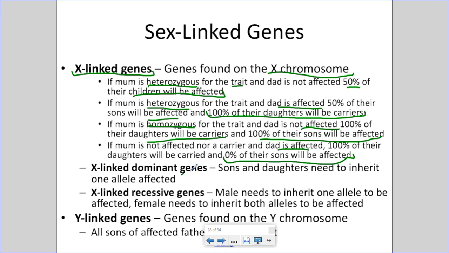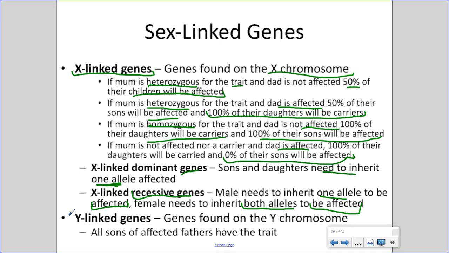With X-linked dominant genes, sons and daughters need to inherit only one affected allele in order to show the disease. For X-linked recessive genes, males need to inherit one allele to be affected, which would come from mom, but females need to inherit both alleles to be affected. So these X-linked recessive diseases, or sex-linked diseases, are more common in males than they are in females.